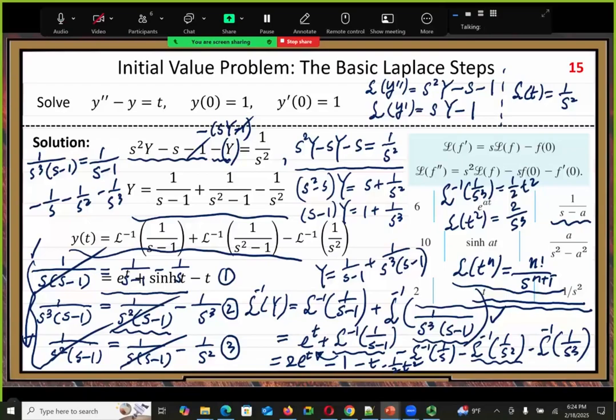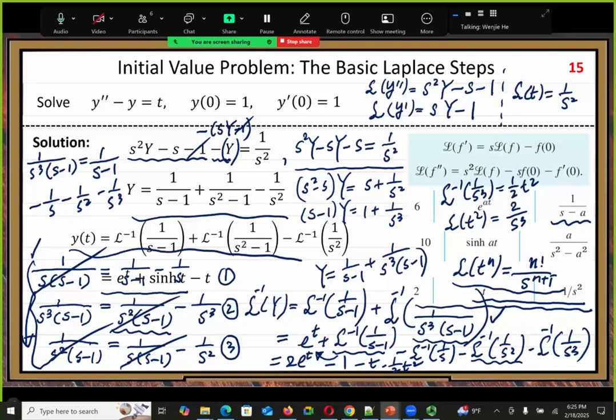You need to be very familiar with the basic formulas, Laplace and inverse Laplace. Do not get confused. When you do the calculation, be patient and slow down. Carefully do the calculation step by step.